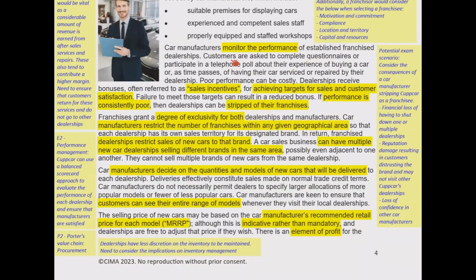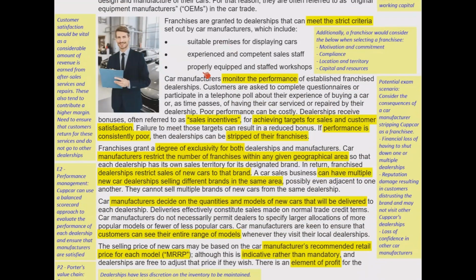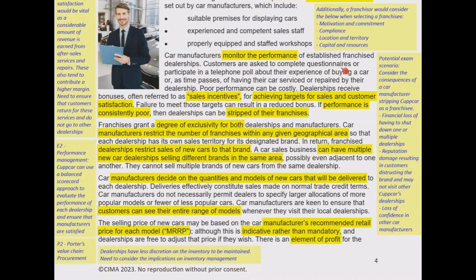Now, the car manufacturers actually monitor performance of the dealers. We haven't got listed here the specific measures they use, but I think we could start to think of those types of measures, knowing what's important to the car manufacturer. And it's going to be very important for Cuppcar and other dealerships to make sure that they are meeting those performance measures.